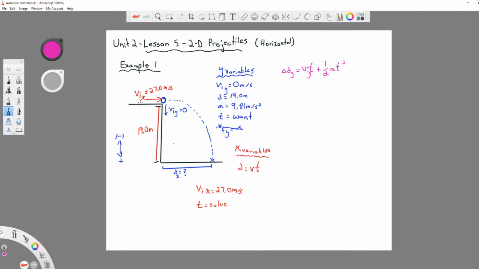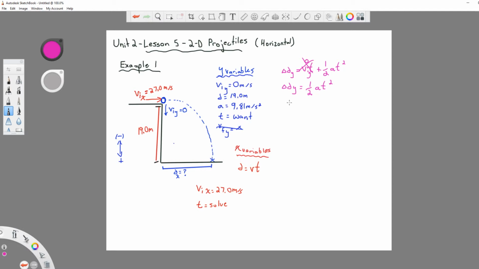Now the VI in the y right here was 0, so this value we can essentially cross out. We can say that delta d in the y is just equal to 1/2 a t squared. Excellent.